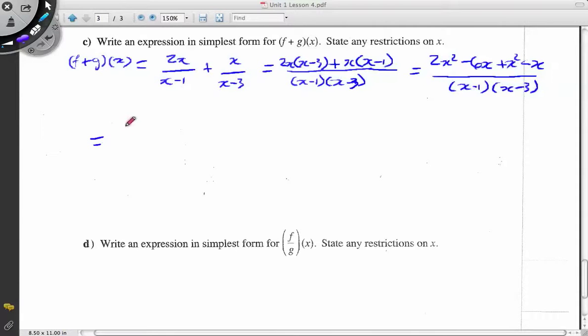Simplifying the top, we'll get 3x squared minus 7x, all over a common denominator, x minus 1, x minus 3.